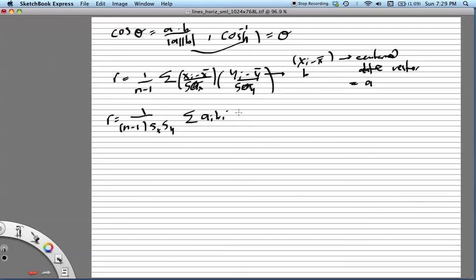Well, the sum of ai bi we've already defined to just be a dot b. So now we have r is equal to a dot b over n minus 1, and what I'm going to do is unpack these definitions of sx and sy.